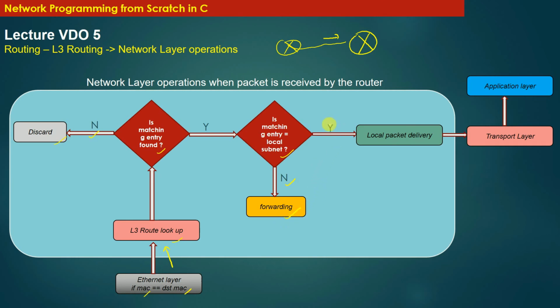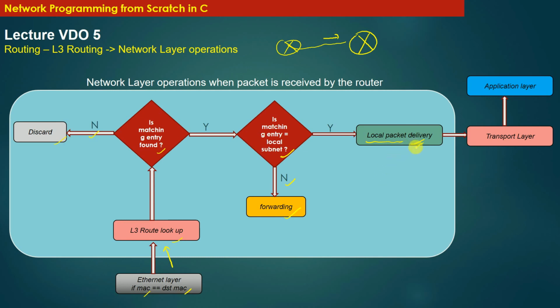However, if the router decides, as a result of route lookup, that the packet that it has received is destined to one of the local subnets of the router, then the router subjects the packet to the local packet delivery mechanism.